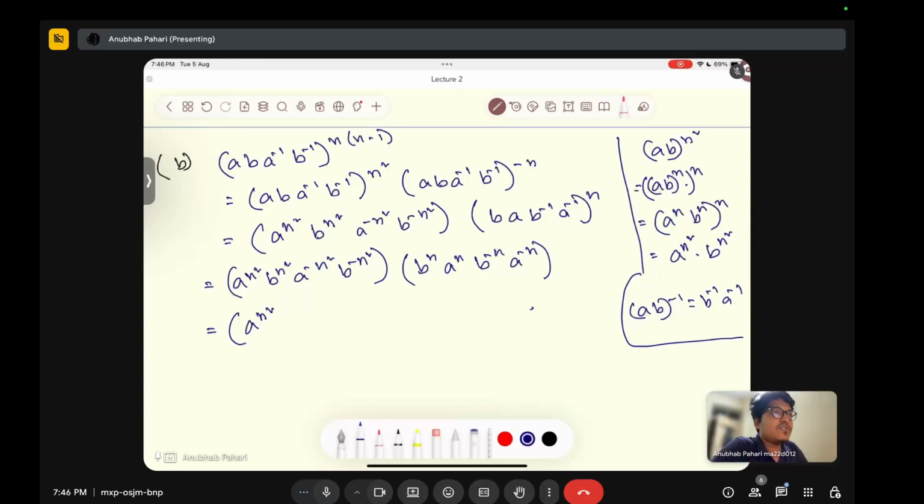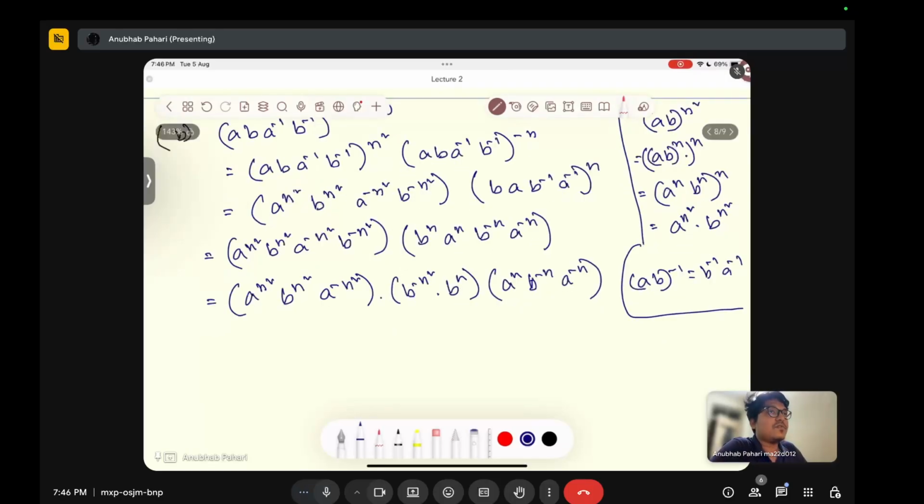It should be a^(n square) b^(n square) a^(minus n square) b^(minus n square) into b^n and a^n b^(minus n) a^(minus n).